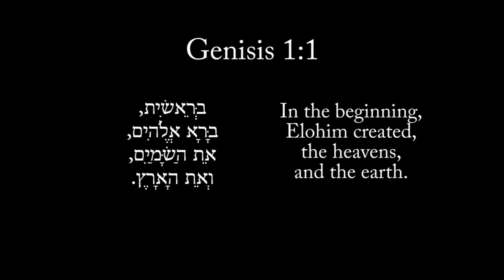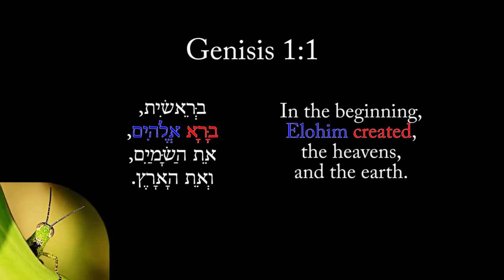Bereshit bara Elohim, et hashamayim ve'et haaretz. In the beginning Elohim created the heavens and the earth. The Hebrew verb bara, which means created, is a singular verb. So in this instance, the plural noun Elohim, gods, is understood to be singular, indicating one God.